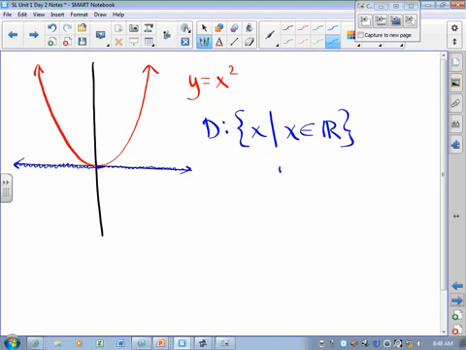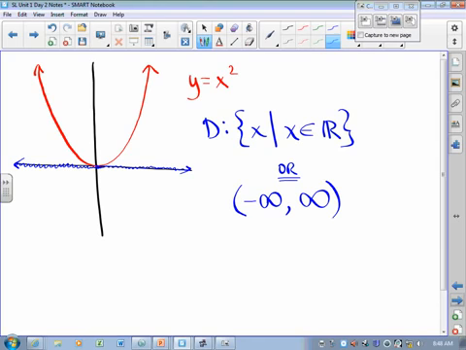The other way to do this is to use what's called interval notation. If we look at the shaded area on the number line, it is basically one long interval. And that interval starts way over on the left at negative infinity, and it goes way over on the right to positive infinity.